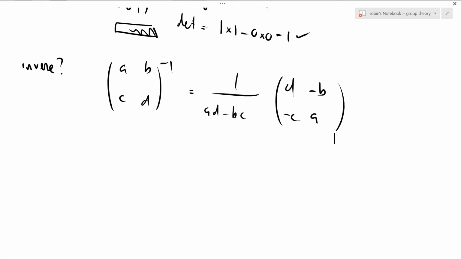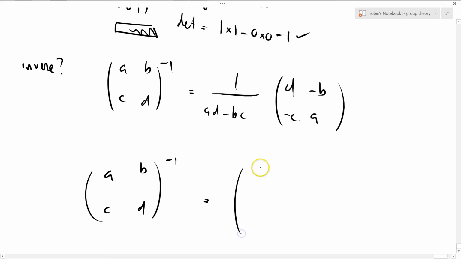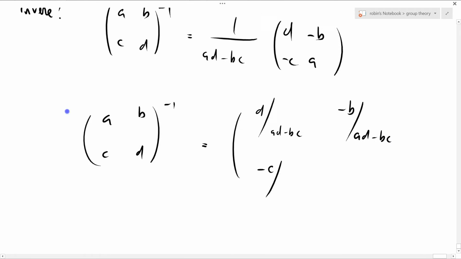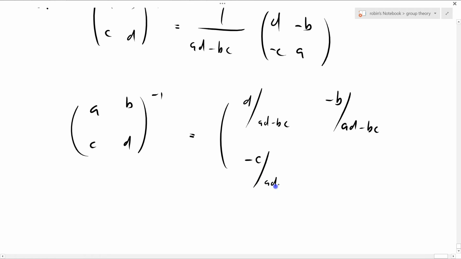So let me write out the entries of my inverse element a little bit better. It's going to be D over AD minus BC for this one. This one's going to be minus B over AD minus BC. This one's going to be minus C over AD minus BC, and this one's going to be A over AD minus BC. You can check that it's an inverse just by multiplying it out yourself.